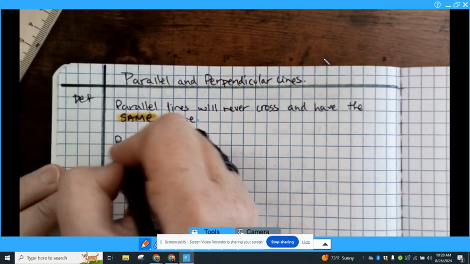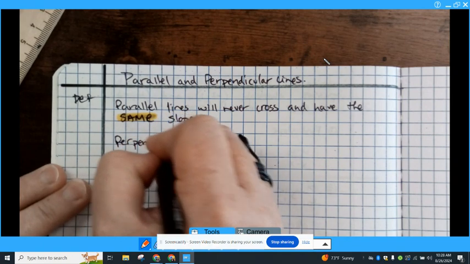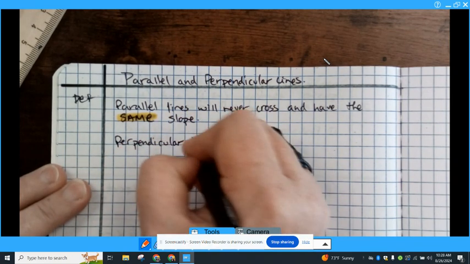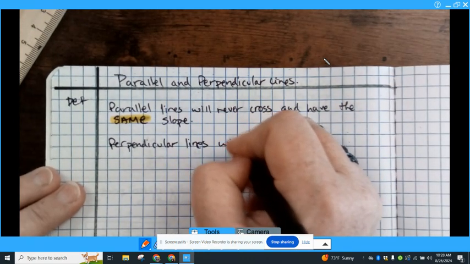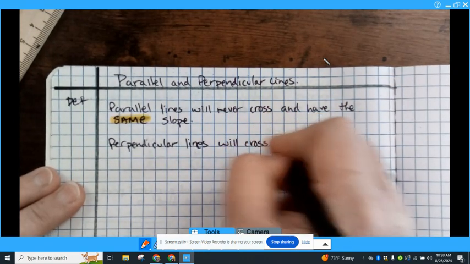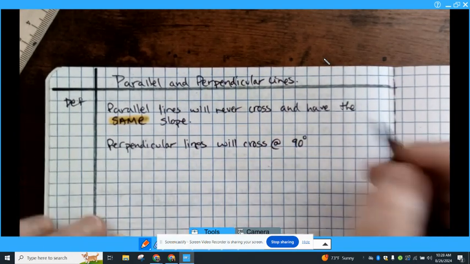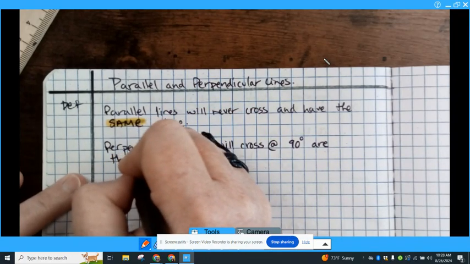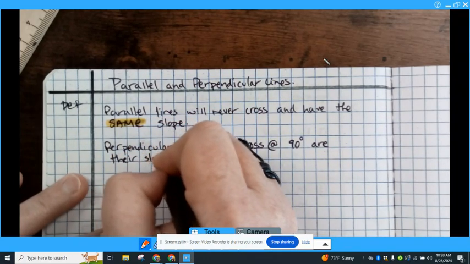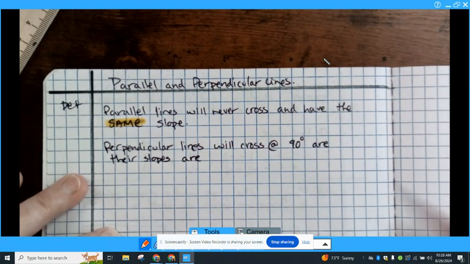Perpendicular lines will cross at 90 degrees, and their slopes are opposite.